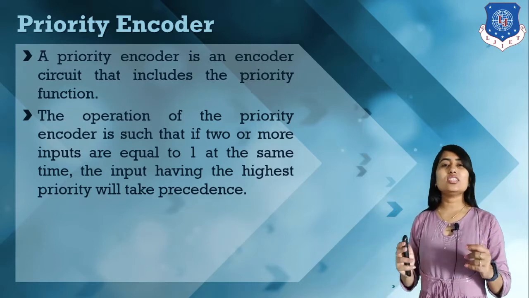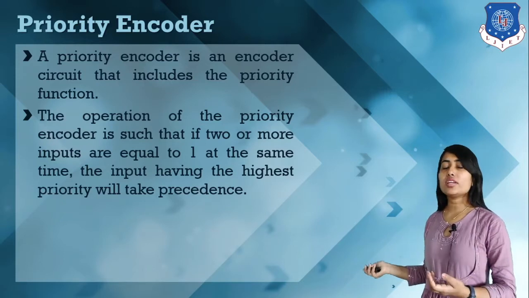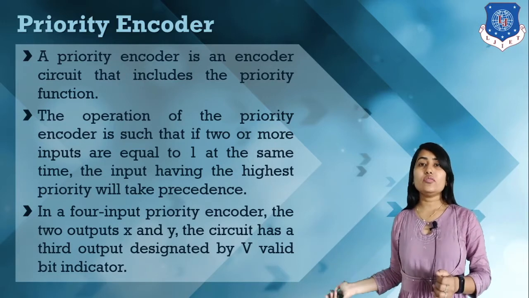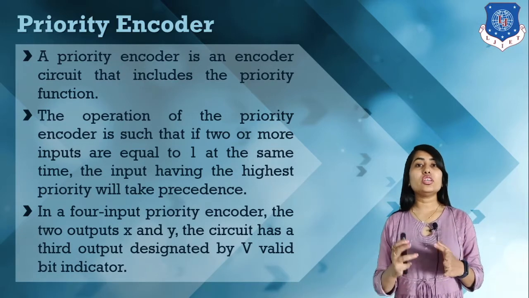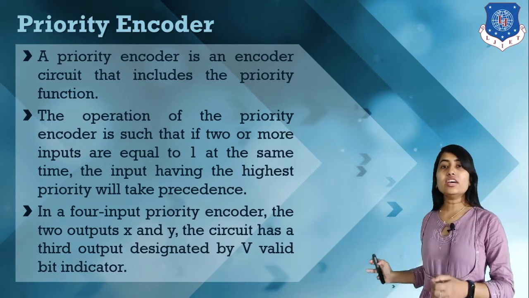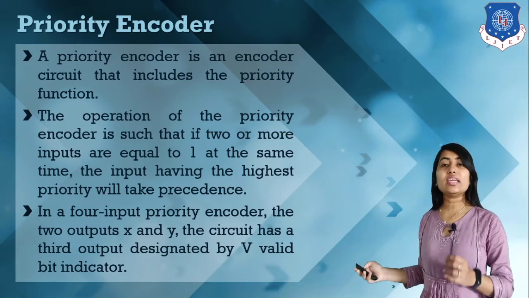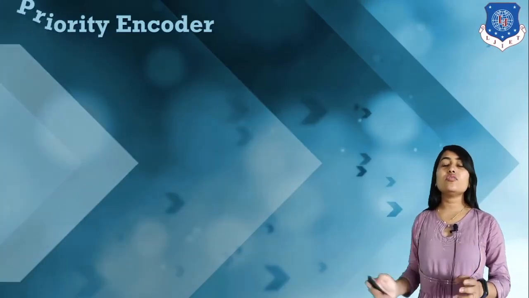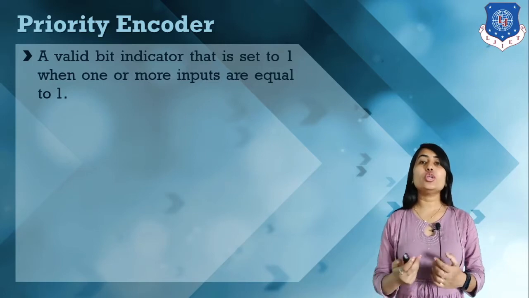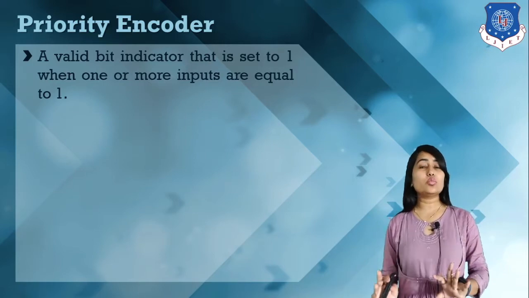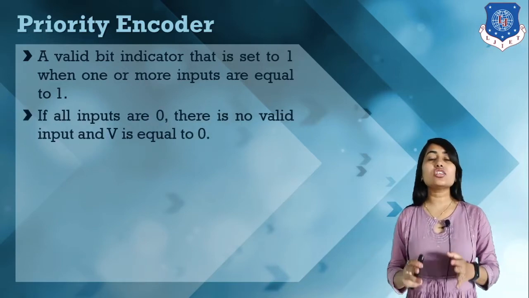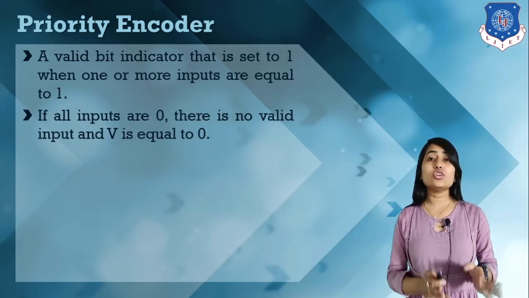To consider this priority concept, we have one more kind of input condition, that is V. Whenever any of the inputs is equal to 1, we have a valid bit indicator V. When this valid bit indicator is equal to 1, that means any of the inputs are equal to 1, and when V is equal to 0, that means there are no valid inputs.